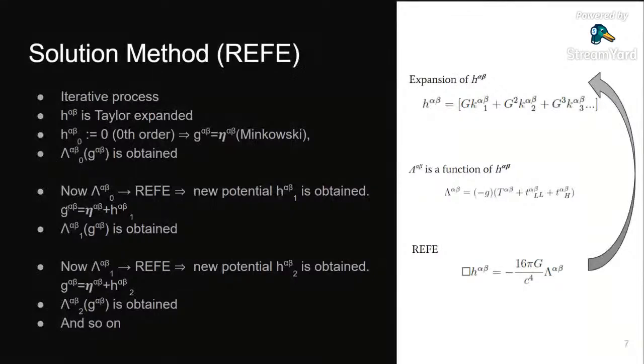Now this new metric we put again into the expression for lambda. It gives us lambda to the first order, right? Now we keep doing that, and we keep on increasing the terms in the expression for h, and we keep getting higher order terms. Does that help, Bhuvan SV?